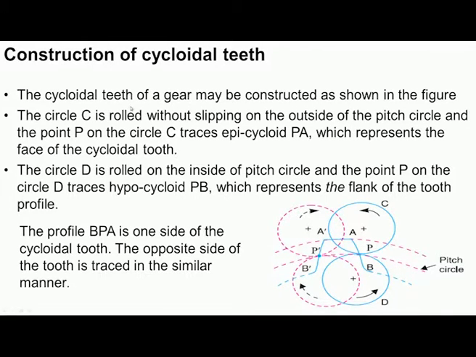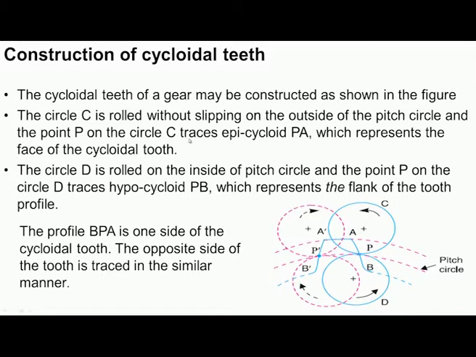The cycloidal teeth of a gear may be constructed as shown in the figure. The circle C is rolled without slipping on the outside of the pitch circle, and we have a point P on the circumference of circle C.